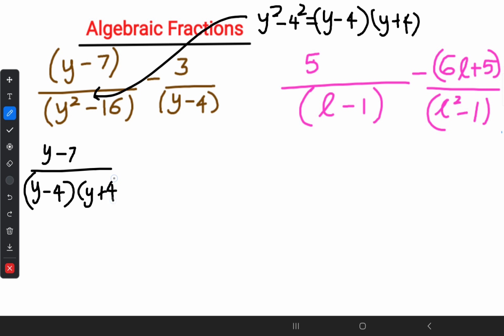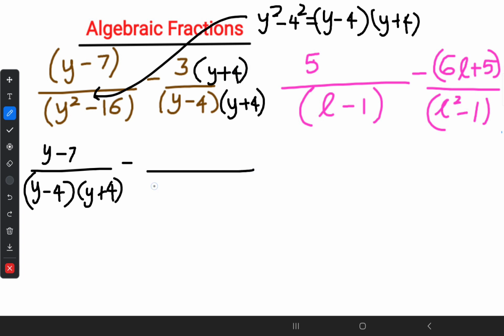And thereafter, look at the second fraction, which has only y minus 4. So the LCM will become y minus 4 times y plus 4. This fraction would be multiplied by another y plus 4 expression. I'll denote that over here.